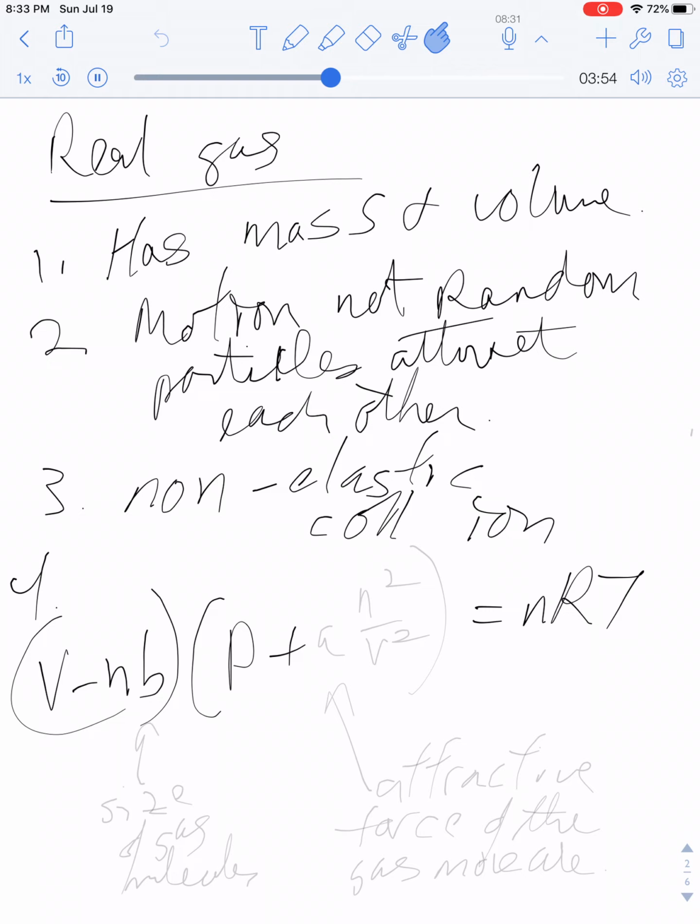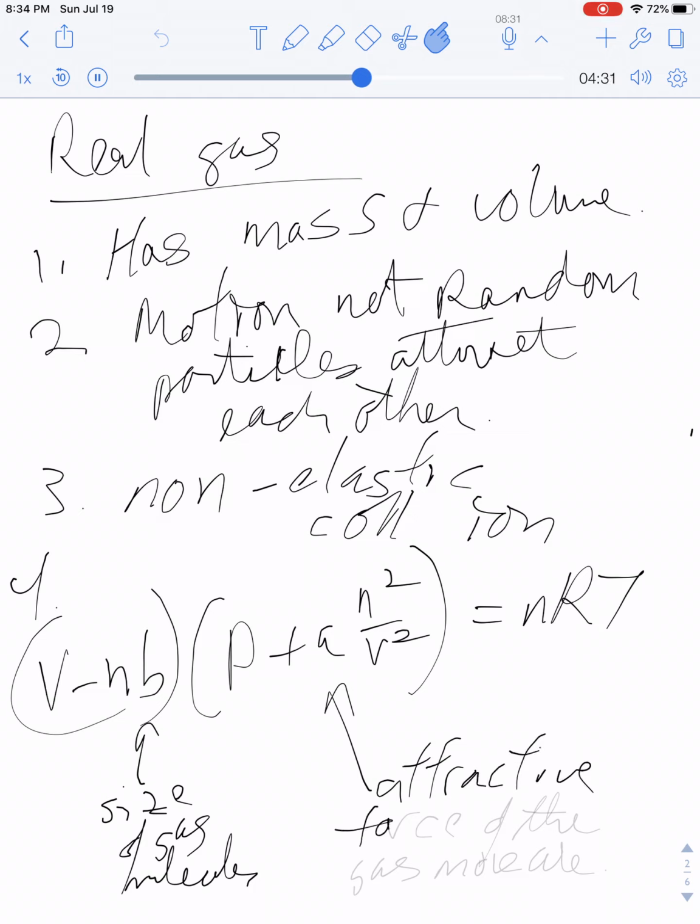Okay? Since the n over V is squared, the other way you can write this is a over n squared over V squared. So P plus a n squared over V squared, and V minus nb. B is the size of the gas molecule, and a is the attractive force of the gas molecule.